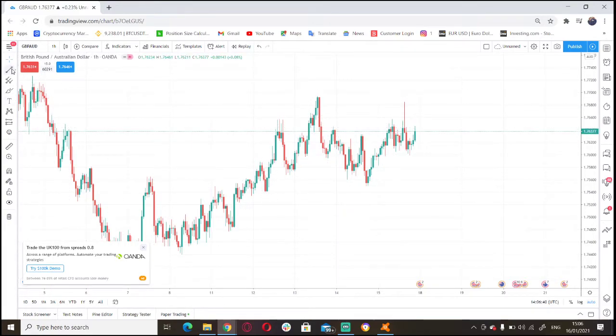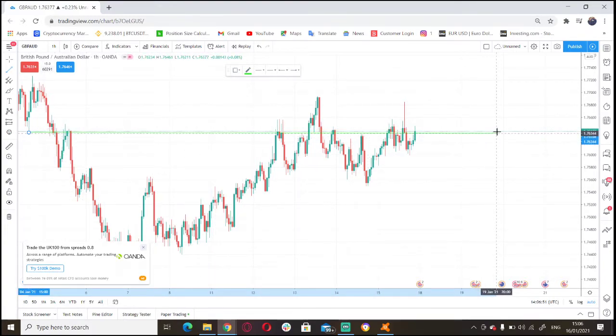So on TradingView, we just go to the line, and right now I see a level right here. With support and resistance, if you cannot see the level, that means it's not there. It has to be obvious, because the banks are going to be using the same support and resistance, and try to keep it at even numbers.